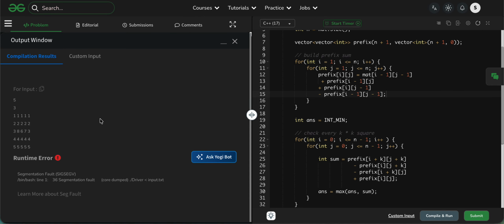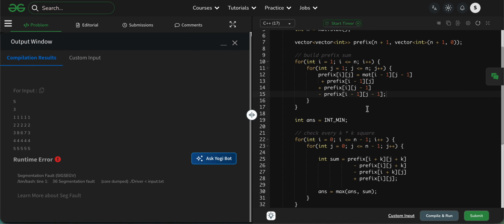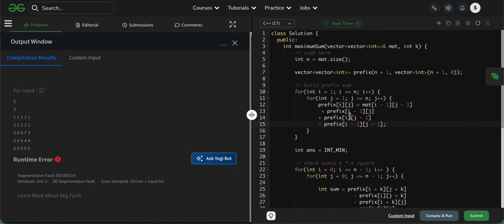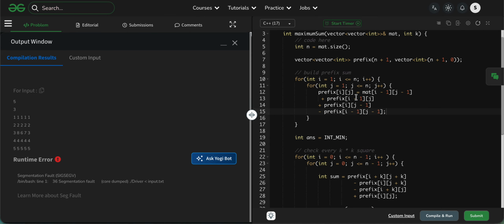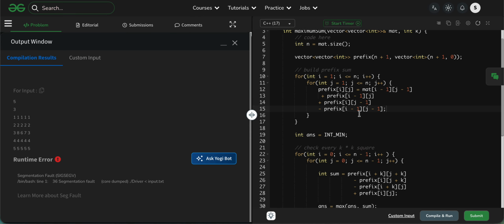Okay, so I just analyze the thing, from where it comes, that is fine. Size is also fine. Vector int n plus 1, vector int n plus 1 to 0, that's also fine. Now here is also fine. And the prefix formula is mat of i minus 1, j minus 1, and then prefix of i minus 1 j, and then i j minus 1, and then i minus 1 and j minus 1, that is also fine.